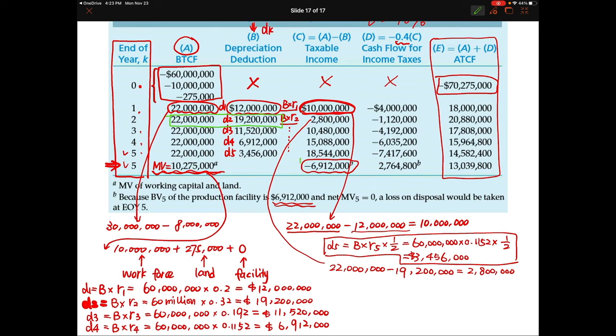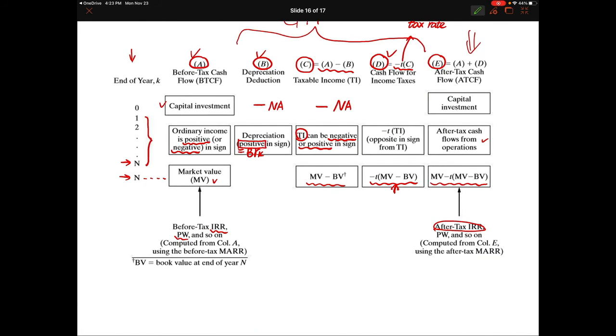Okay, and one thing to talk about is this last row. Why do you have this number? So this last row, if you take a look at this table, it's MV minus BV. Okay, and for this problem, the BV is BV5, right? Because you only have a 5-year project, and this BV5 is the BV of the equipment. Okay, and then what is the MV?